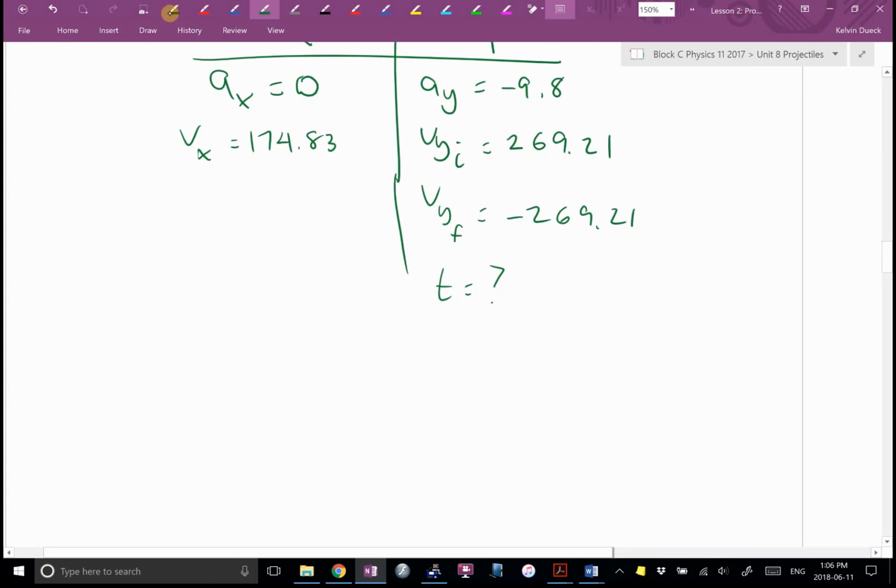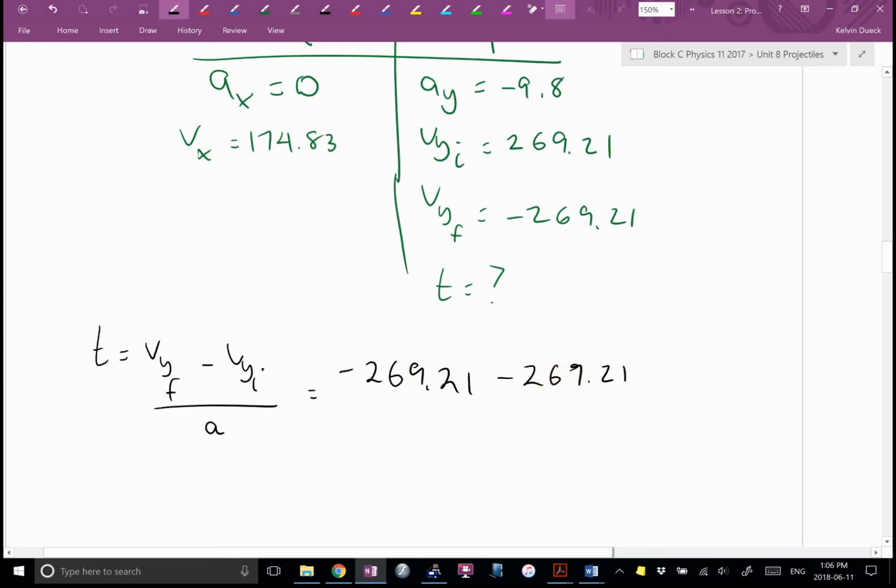Christian, what was the time equation? Oh, it was VF minus VI over A. Yeah. So negative 269.21 minus 269.21, all over negative 9.8, brackets around the top.